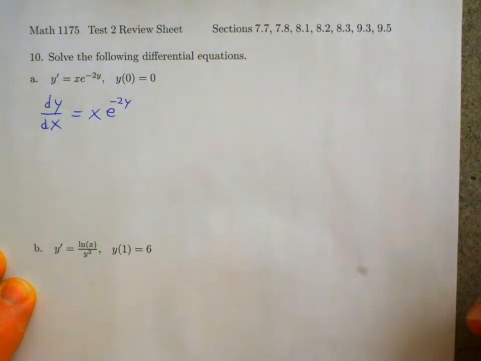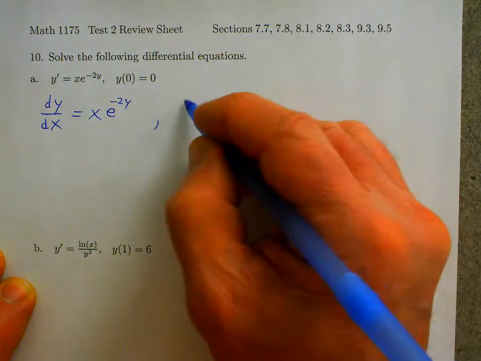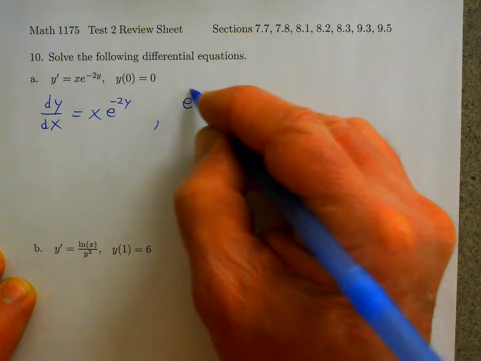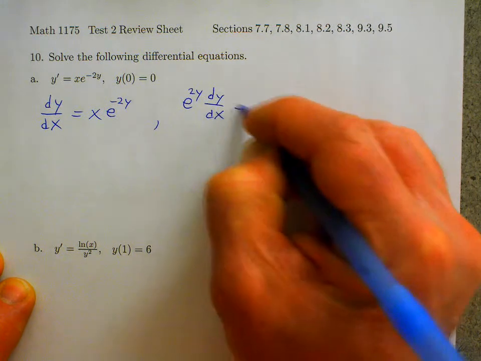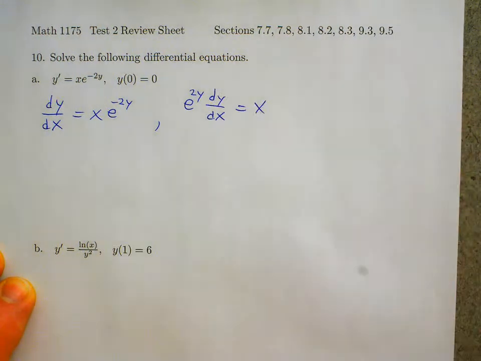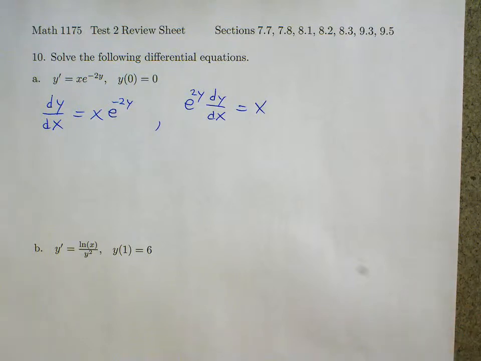And then if we multiply both sides by e to the 2y, we'll get e to the 2y dy dx equals x. E to the 2y times e to the negative 2y is just 1, right?